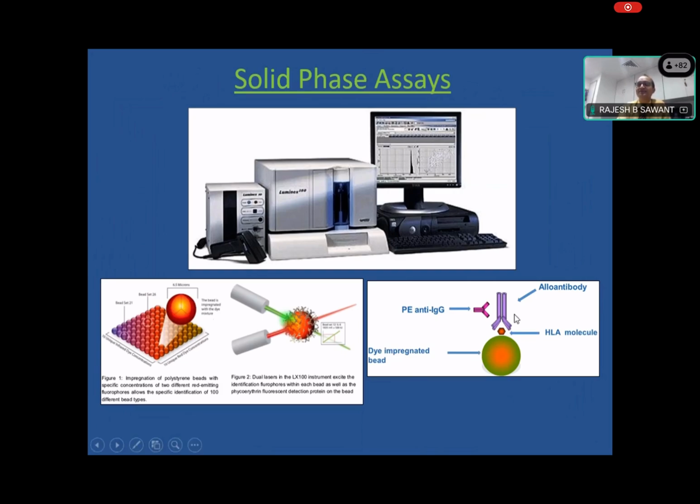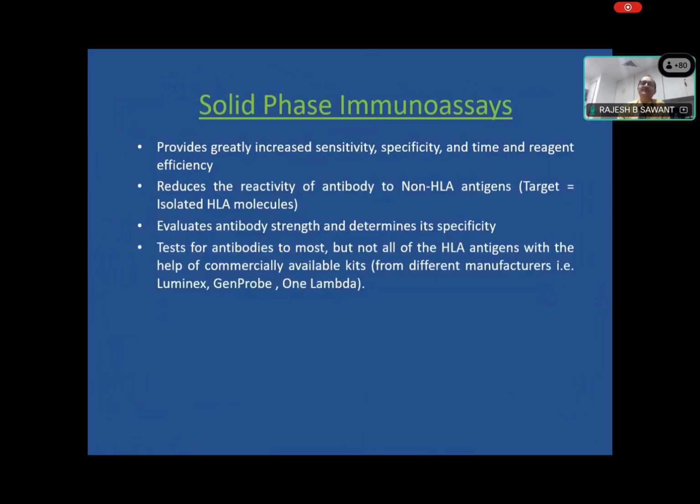If there is an antibody or multiple antibodies, depending upon what antigen is coated on the bead, the antibody will attach to the antigen coated over the bead, and then it will be tagged with a phycoerythrin-based anti-IgG antibody and detected. It will give an output measured in terms of mean fluorescence intensity, or MFI, and those values will be used for correlating the quantum of the antibodies that are detected.